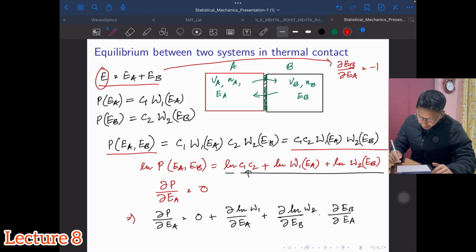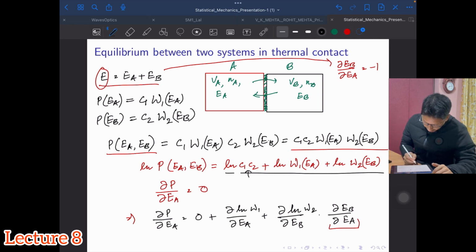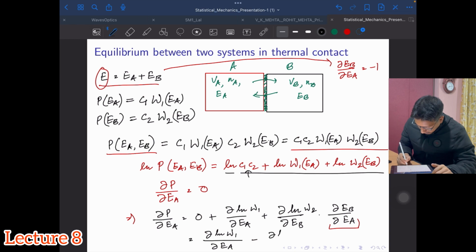So if I substitute this value for this particular expression, then I will obtain ln W1, EA minus EB.